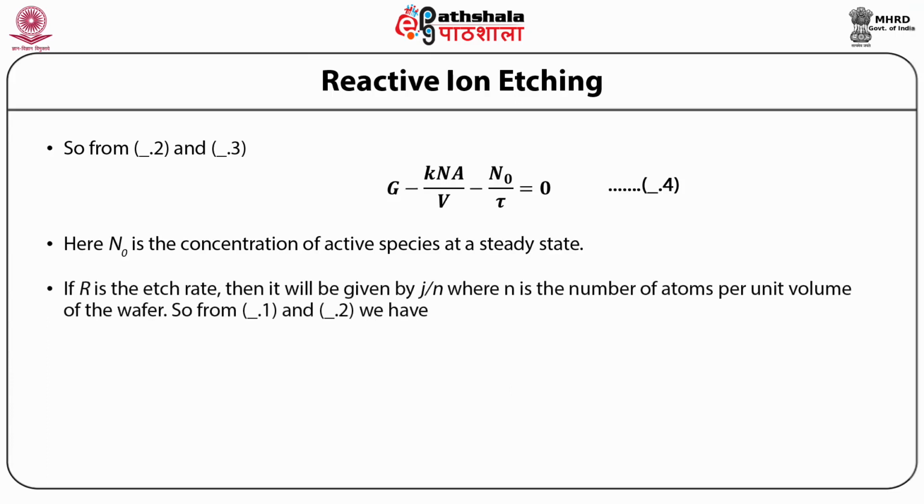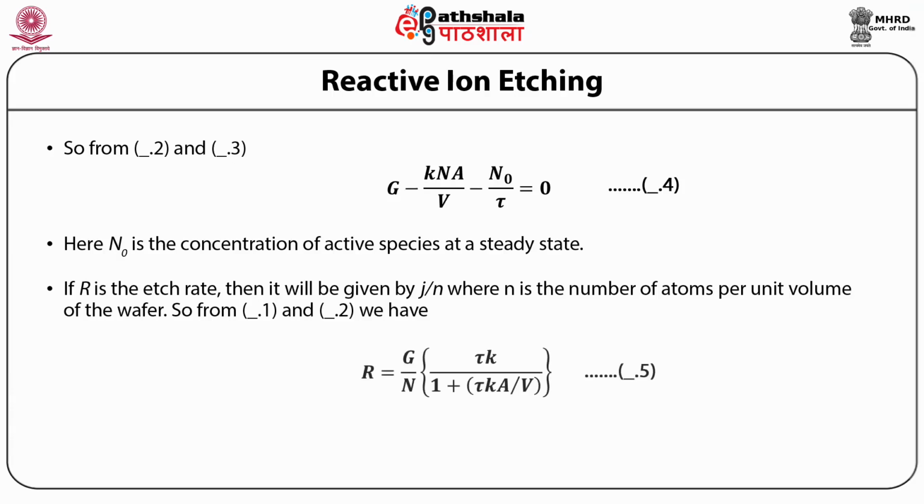If R is the etch rate, then it will be given by J by N, where N is the number of atoms per unit volume of the wafer.